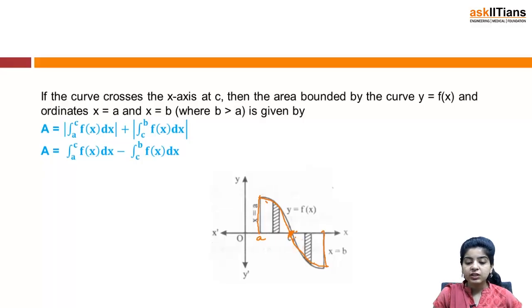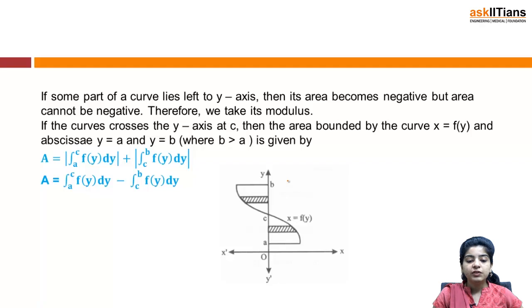So a to c is positive, therefore we have integral a to c of fx dx, but c to b, this area would be negative and therefore we will have minus integral c to b of fx dx. So whenever you have a situation of this form, you can just split it up. You can take the modulus sign and compute it in this way.